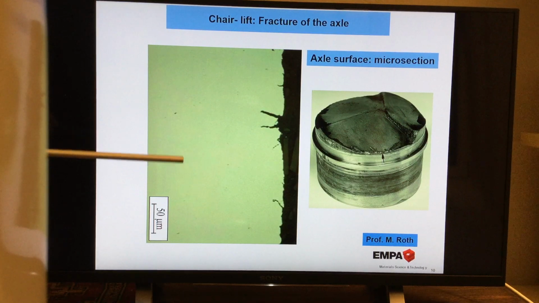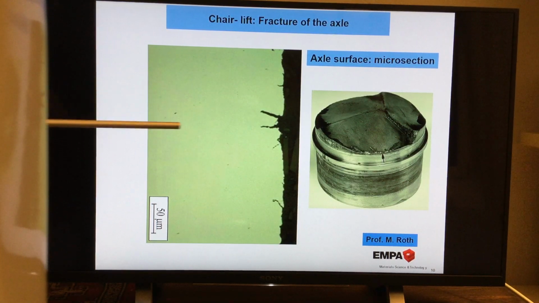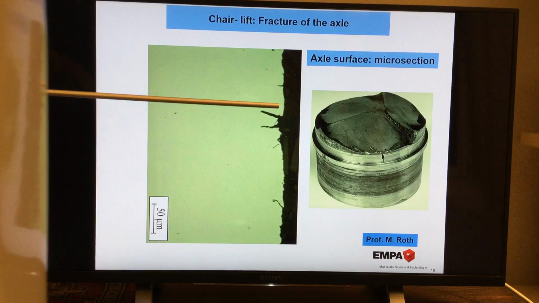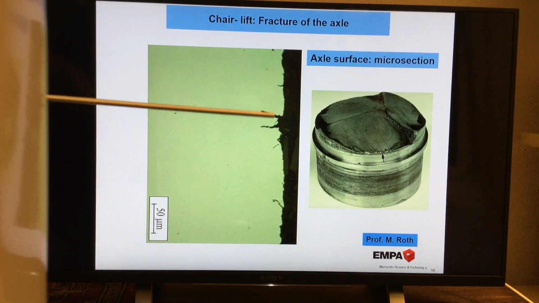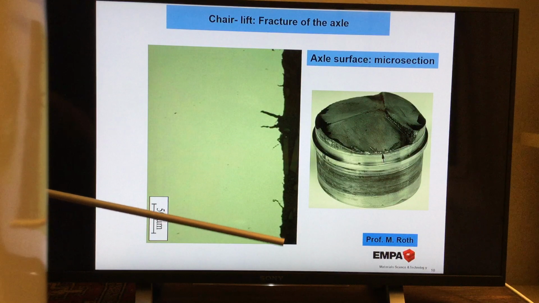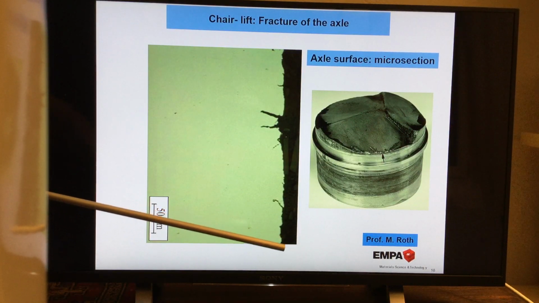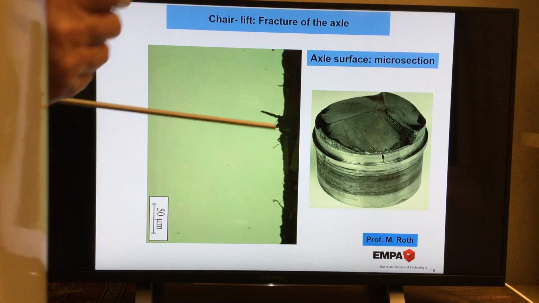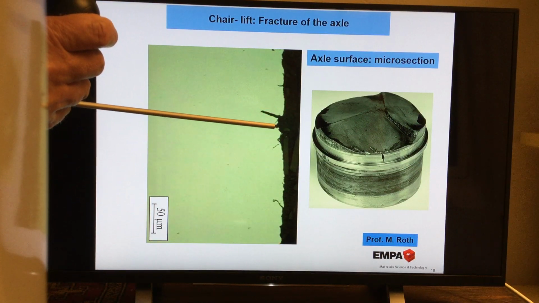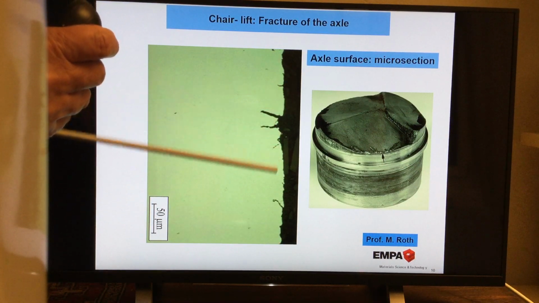And secondly, it's a small effect, but it's an increasing effect already at the bottom of that pit. We also already have a little bit higher mechanical stress. So the mechanical stress inside is higher compared to here.